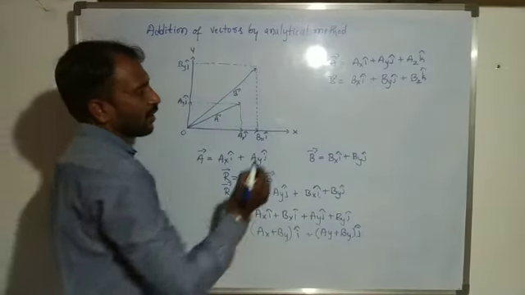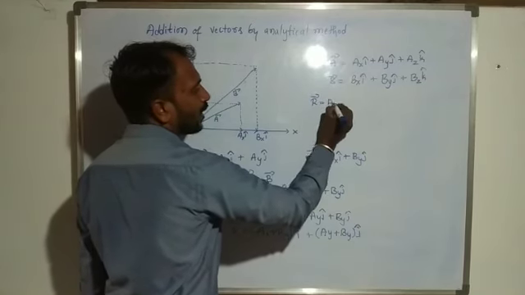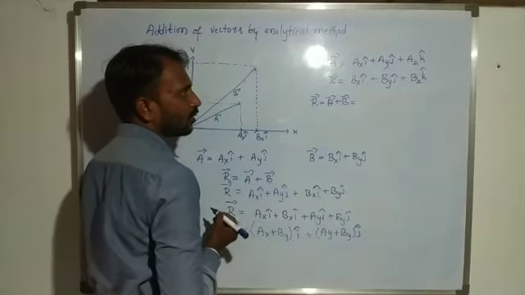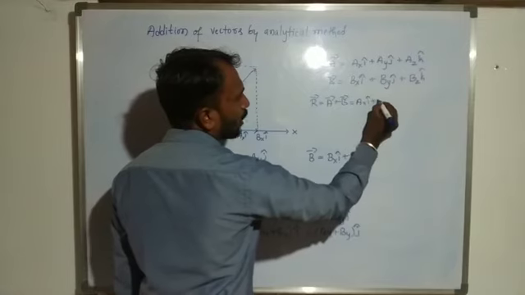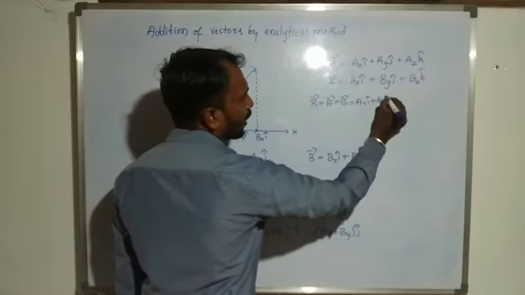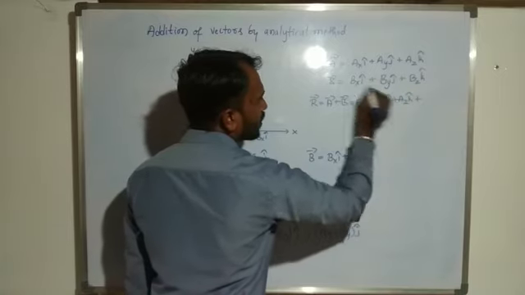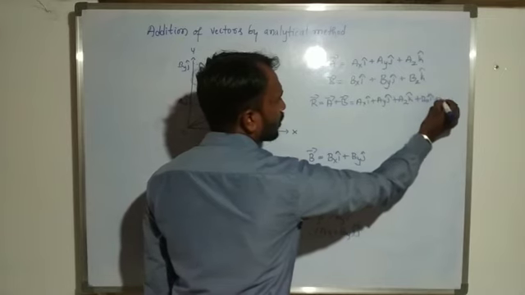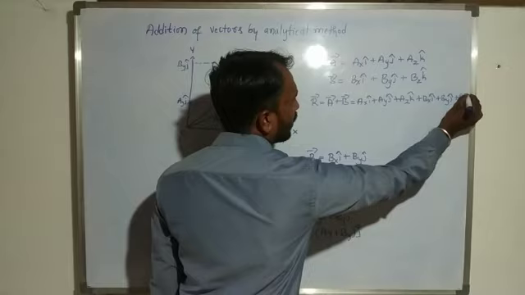Here we want to calculate the resultant vector, meaning vector A plus vector B. Vector A is Ax i cap plus Ay j cap plus Az k cap, plus vector B, Bx i cap plus By j cap plus Bz k cap.